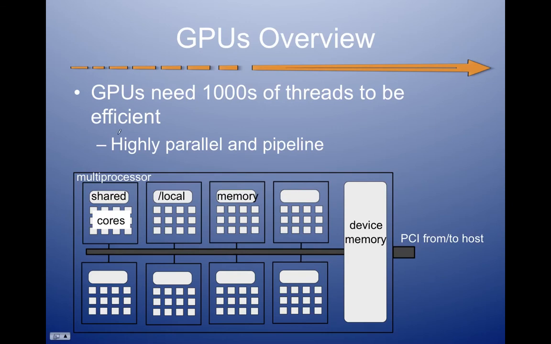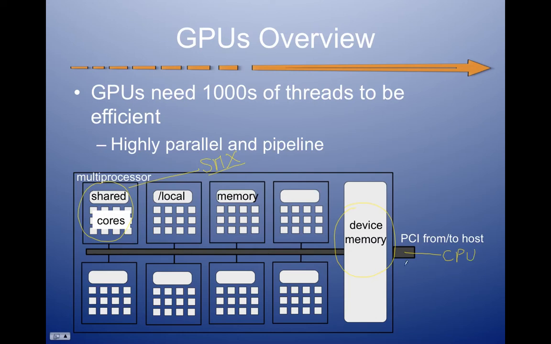So the architecture is organized this way. You have an SMX here. You have some local memories that can be shared between the cores of the SMX. And you have the device memory, the global memory of the GPU, that is connected to the CPU through PCI Express.